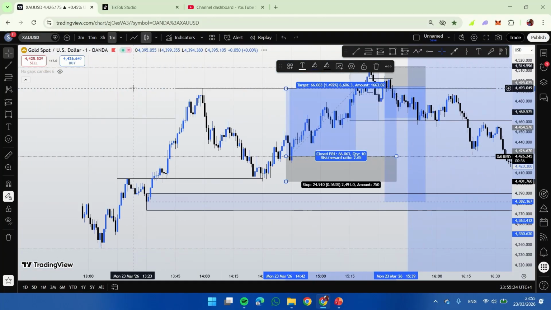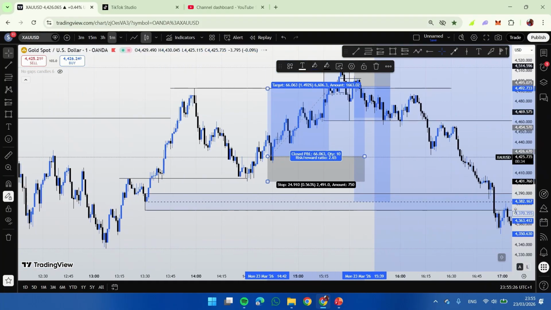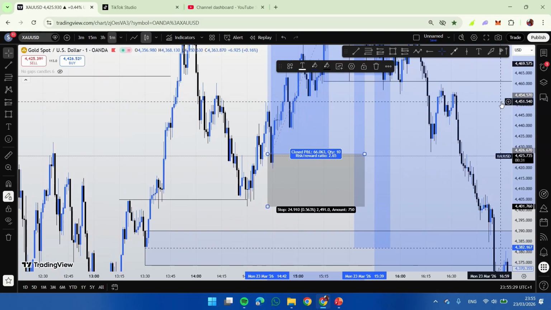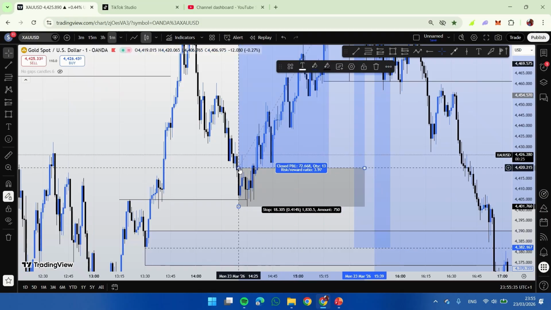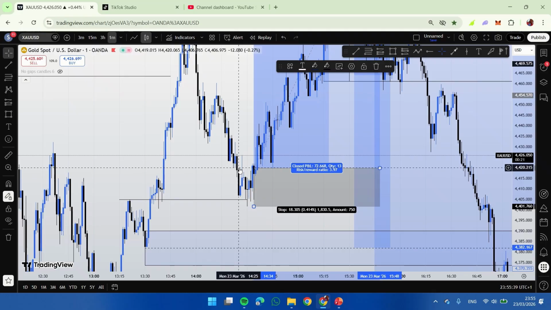Don't know yet, so let me just check quickly. I'm reaching my zone after it touched. This is where my entry should have been. We have an entry. Yes, after this one, it almost liquidated us.